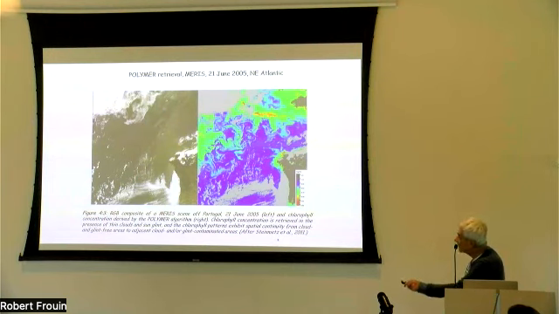You have thin clouds, etc. So it's a very noisy image. But with the polymer algorithm, look at what you get. You're able to get retrieval in the glint area when you have thin clouds, except when the clouds are too thick, you cannot do anything, so you have to mask.